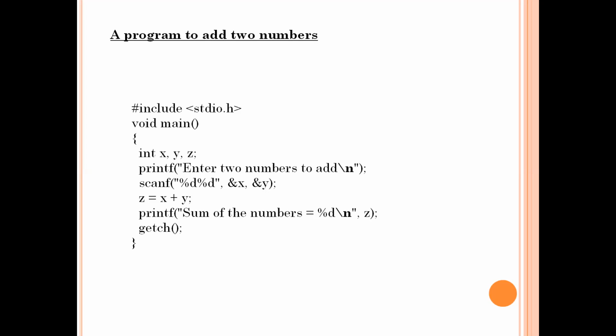So int x, y, z: in this statement, we declare three variables x, y, and z. Three variables x, y, and z are declared as integer variables. This statement is a variable declaration statement that tells the compiler that we are declaring three variables x, y, z, and these variables are of type integer.